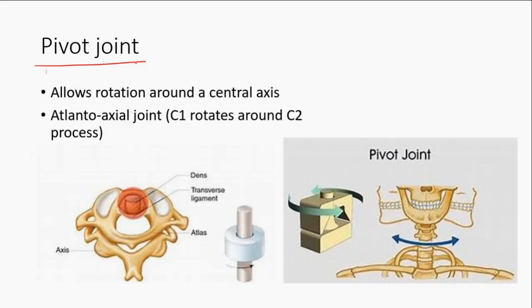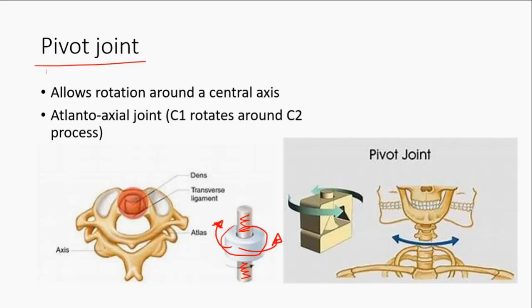And then you have your pivot joint. Your pivot joint is essentially a joint which allows rotation around one axis. You can imagine you have one bone and then another bone inserted into this pole, let's say. You can twist this, you can rotate this bone any direction you want, I mean horizontally. That's essentially a pivot joint. An example of that is your axis and your atlas.